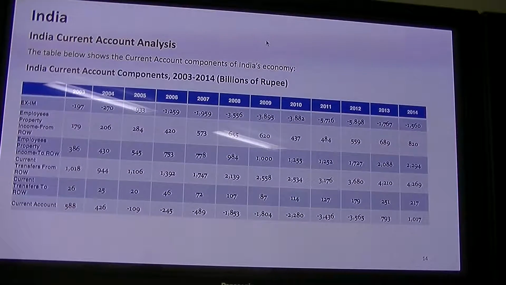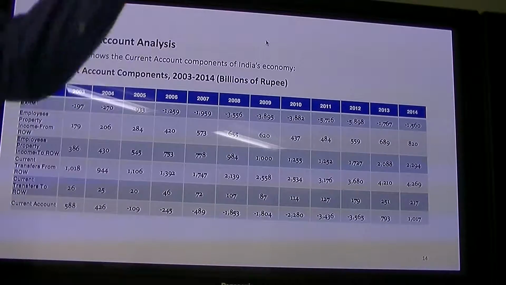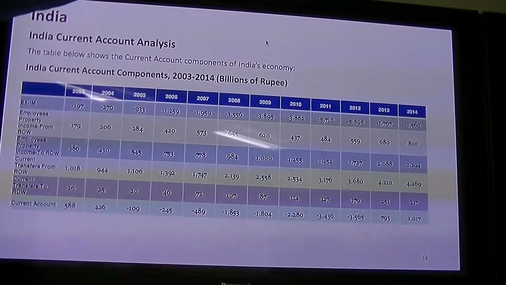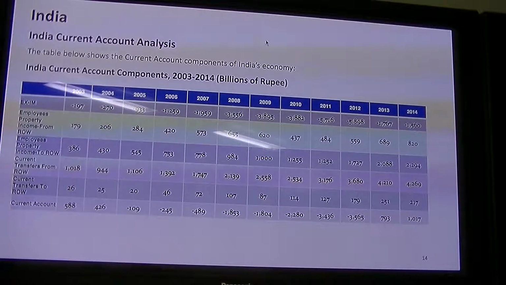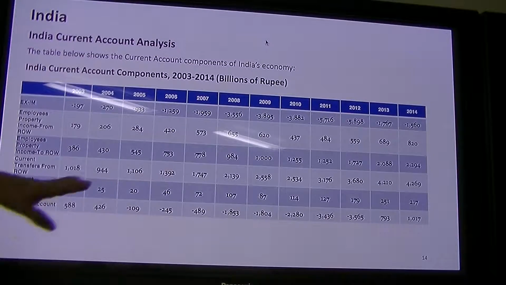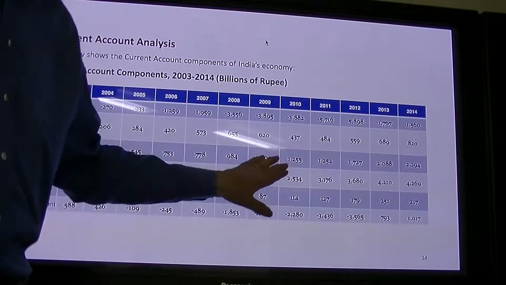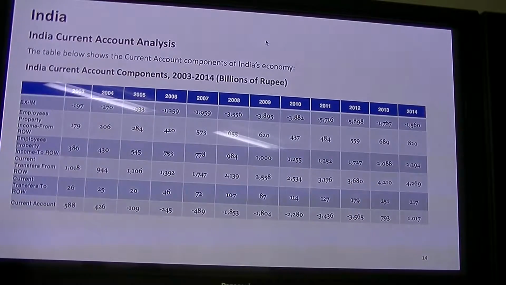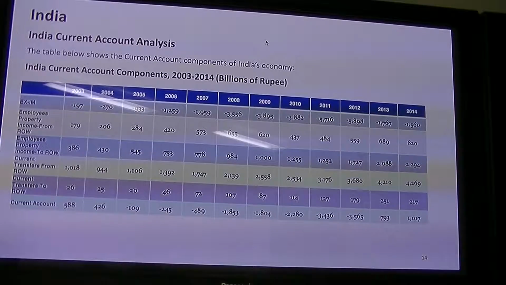And actually I think it's a quite positive sign, at least if you're a foreign investor and you want to invest in India, because we can see that their savings is insufficient for investment in India. That means they need to attract international capital. It looks like India's been successful in making the country more attractive for international investment.